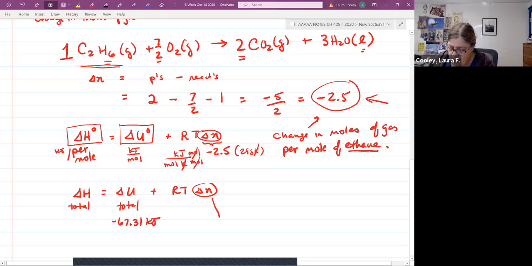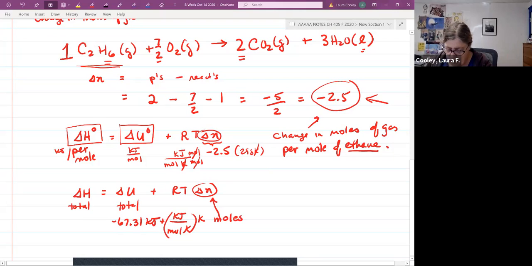Then what would I use for my delta N here? Because look, then it would have kilojoules per mole Kelvin as my units of R, Kelvin. And then here, this would have to be moles. So this wouldn't be moles per mole anymore. It would be the total moles. So how many moles of gas really change?